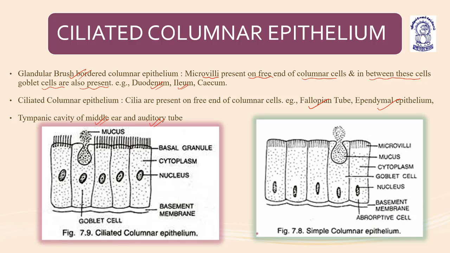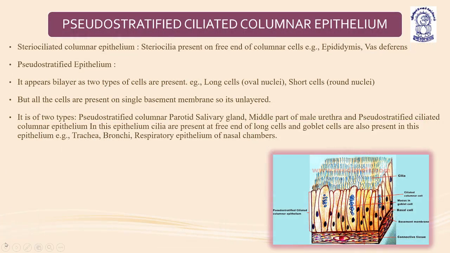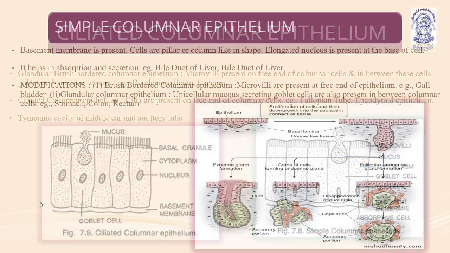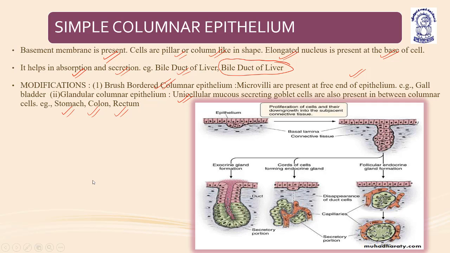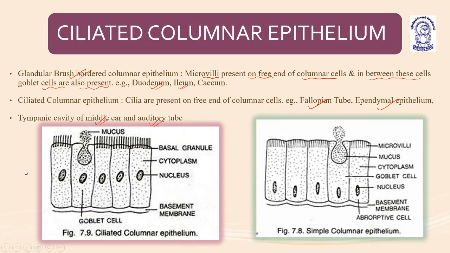Understood? So, I'll revise it for you again. Just give me a minute. Modifications: the brush border columnar epithelium is present in gallbladder; glandular columnar epithelium, stomach, colon, and rectum; brush border glandular columnar epithelium, duodenum, ileum, and cecum; ciliated columnar epithelium in fallopian tube, ependymal epithelium, tympanic cavity, and auditory tube.